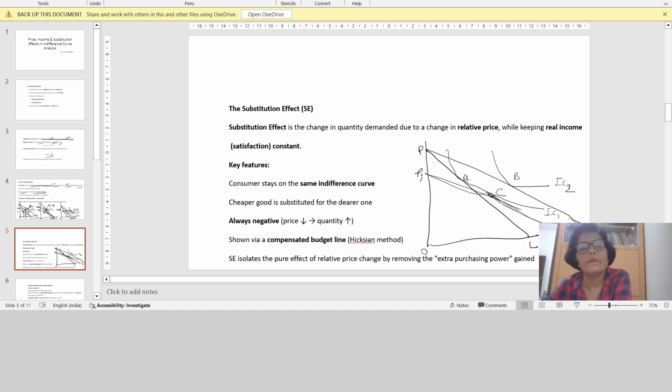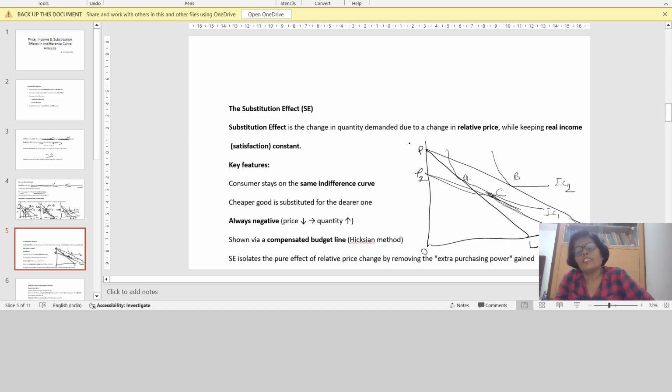We can name this line P2L2. See, at first PL is the price line, and at A point the consumer is in equilibrium. When the price falls, the new price line will be PL1, and the consumer will move from IC1 to IC2, and the new equilibrium will be at B point.